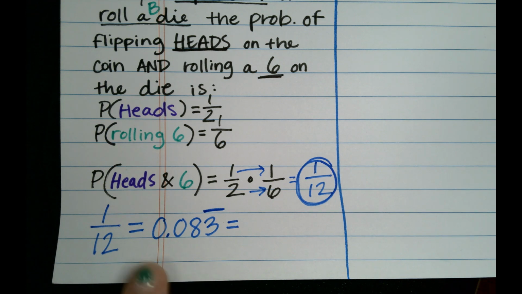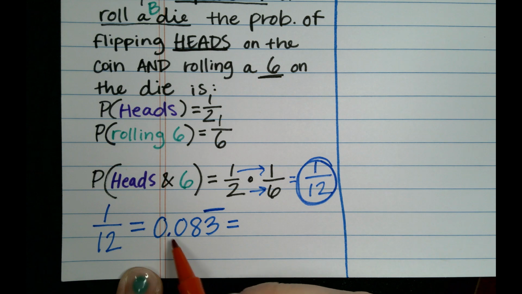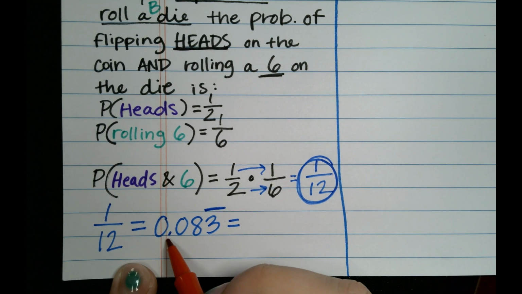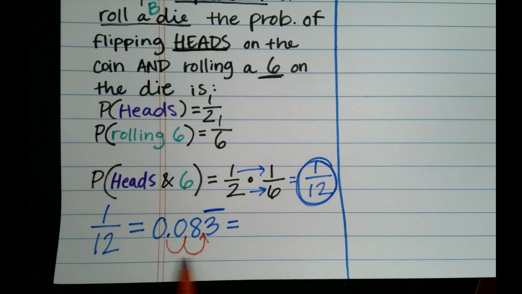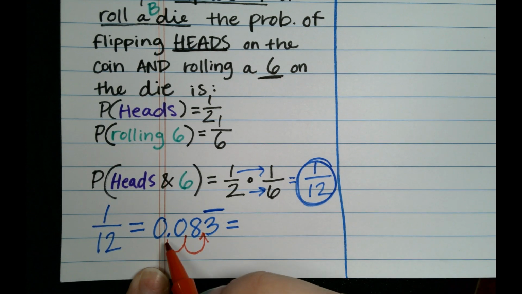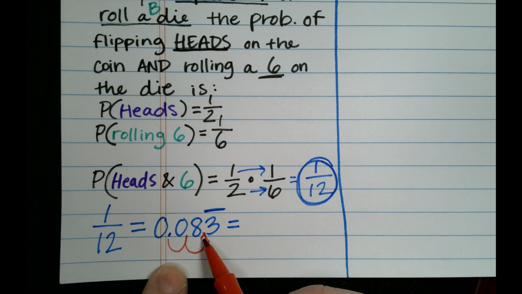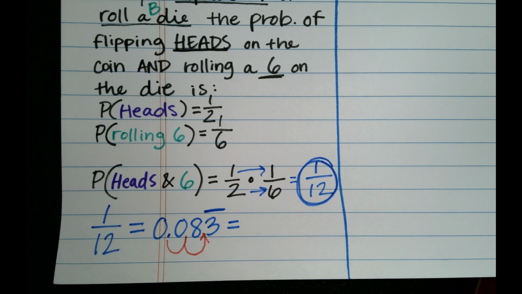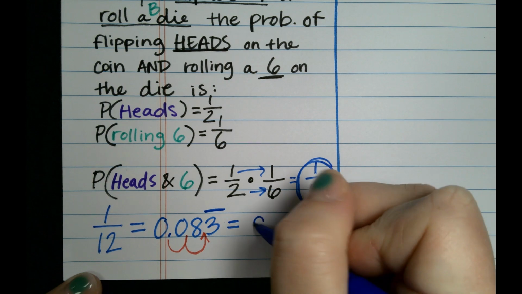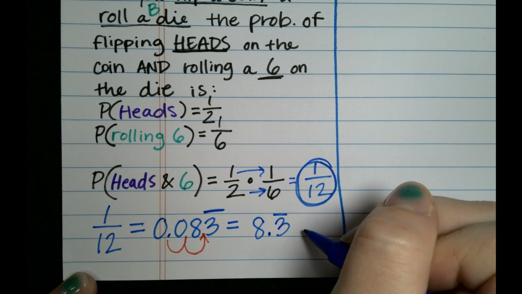Yes. You just take this decimal right here. We just move it over 1, 2 spaces. So I go from 0.083 to now, since I moved it after the 8, for my percentage, I will have 8.3 repeating percent.